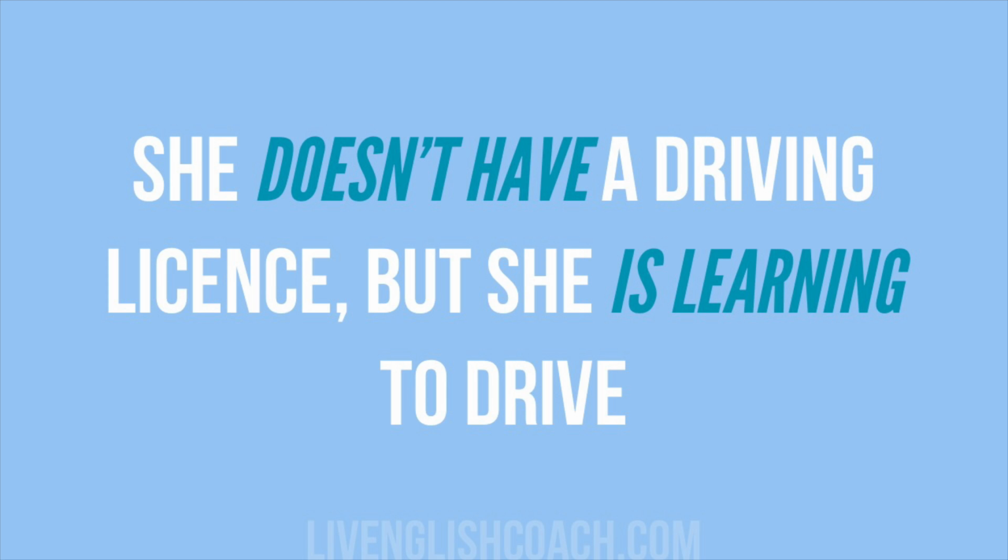She doesn't have a driving license. But the other verb, to learn, she is learning, it's a dynamic verb. It's okay and it's correct to put it in the form of continuous because she is learning right now. It is a temporary situation. While she is learning, it will take her some time, but then she will get her license.